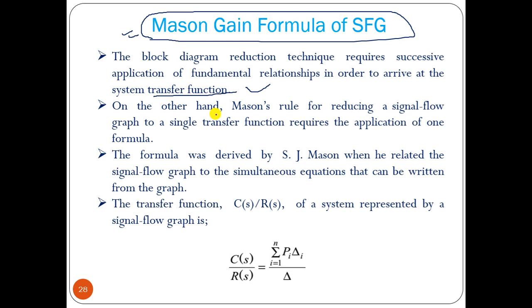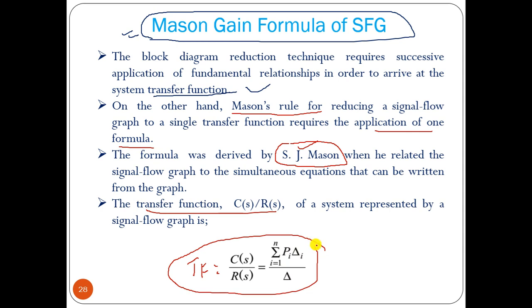On the other hand, Mason's rule for reducing a signal flow graph requires only one single formula, which was derived by S.J. Mason. That's why it is called Mason's gain formula. The transfer function of any system, if we know the signal flow graph, Cs by Rs, can be written as the summation, I goes from 1 to n, of Pi delta I by delta. This is Mason's gain formula.